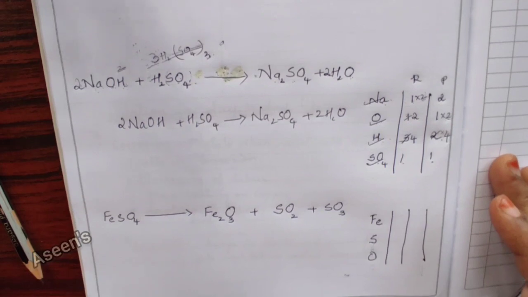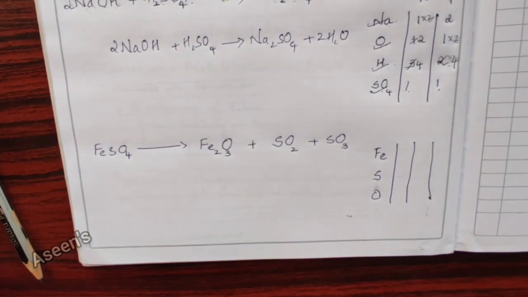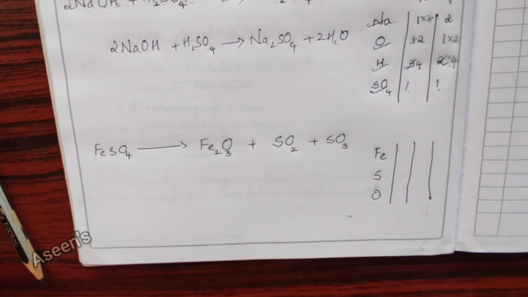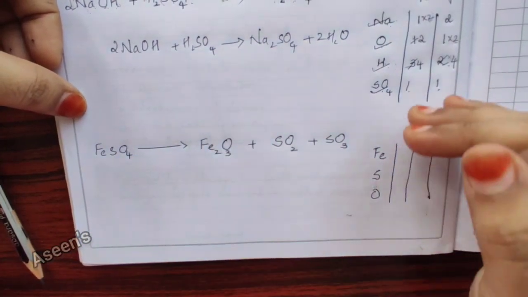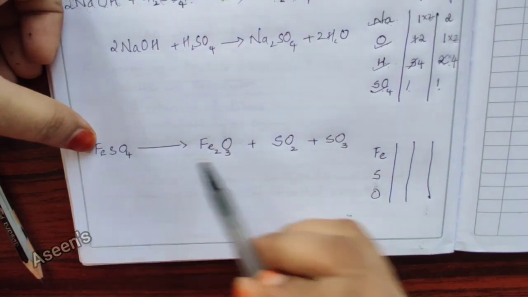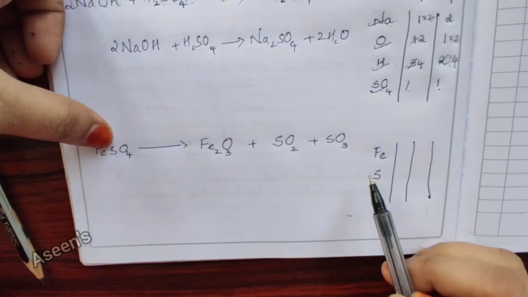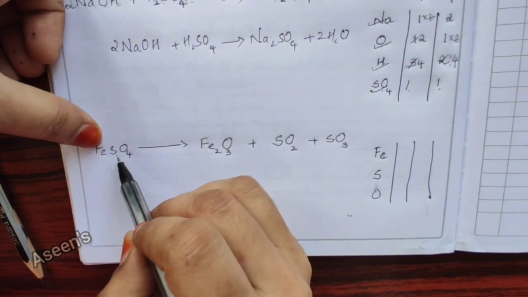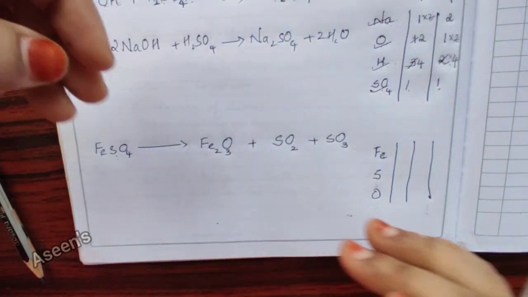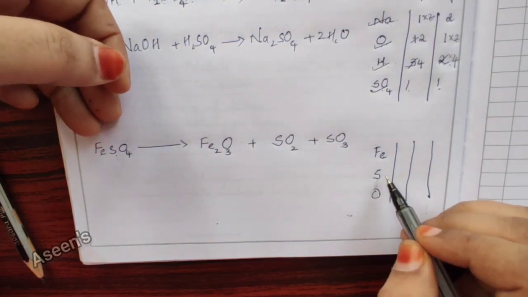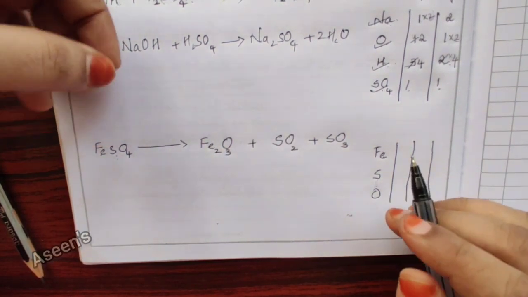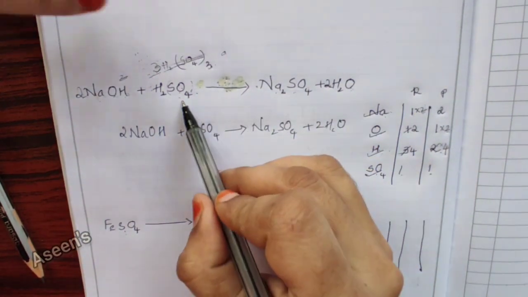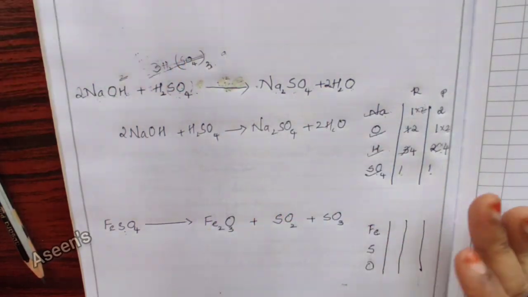Now going for the next one, FeSO4, Fe2O3, SO2 and SO3. So I'm going to do the same thing. I'm going to write whatever I have. Fe, ion is 1. Now as I see here, in the previous one, what we did is, SO4, we kept it together, right? In the previous case, we have kept SO4 together because we had SO4 on both the sides together.